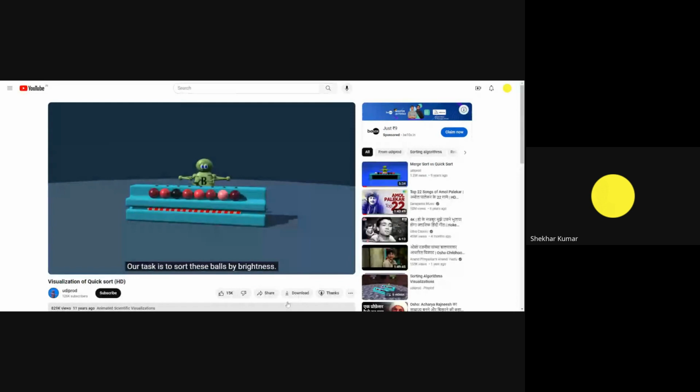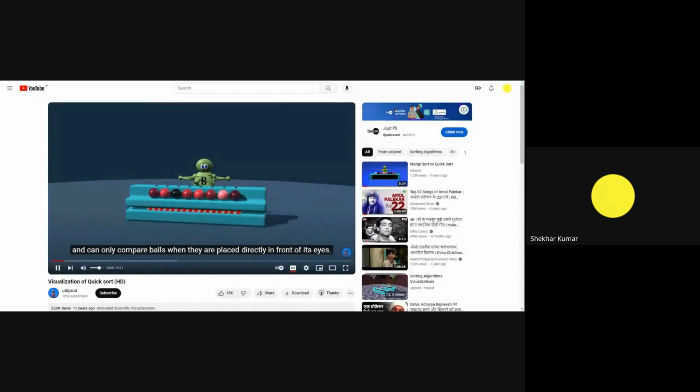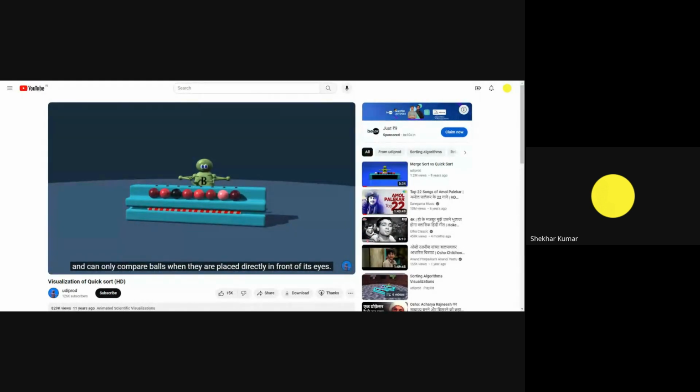Our task is to sort these balls by brightness. This robot, however, is short-sighted and can only compare balls when they are placed directly in front of its eyes. Bubble sort compares every adjacent pair of balls, moving the brighter ball forward.